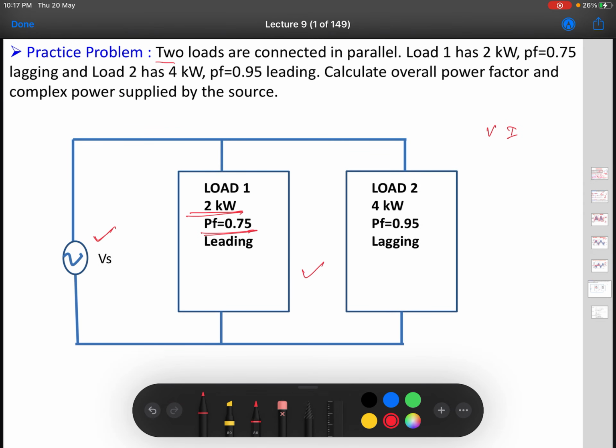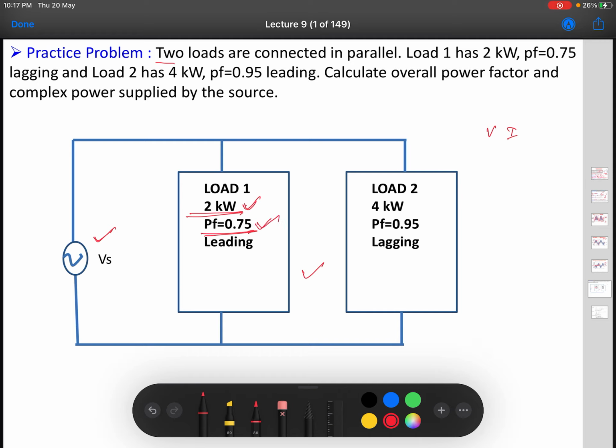So what this question says is, there is one load which is taking real power, that is 2 kilowatt is the real power, and having a power factor of 0.75, and it is leading, so it is capacitive. Then load 2 is 4 kilowatt, power factor of 0.95, and it is lagging, so it is inductive.